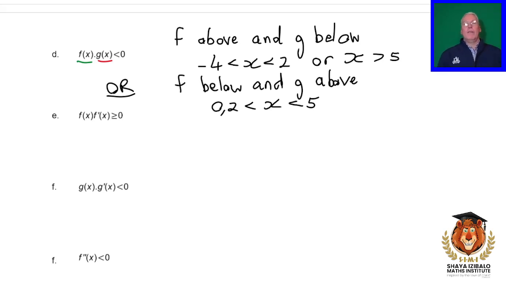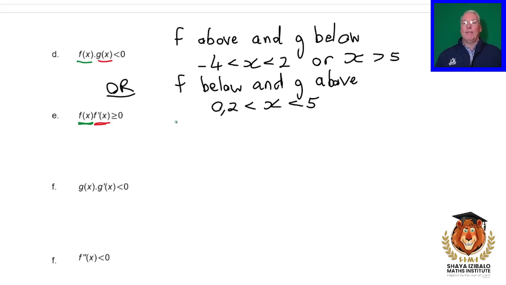Now, we're going to do some calculus now. This is talking about the y value of f, and this is talking about the gradient of f. Those are two different things, but this time we want a positive product. We get a positive product with them both being negative. What does f of x negative look like?